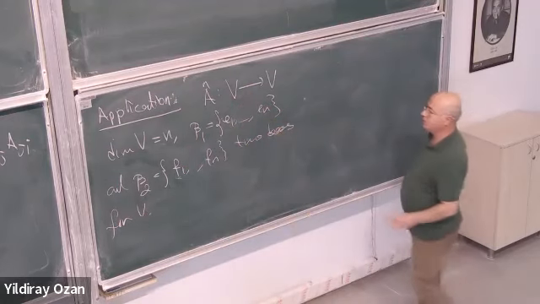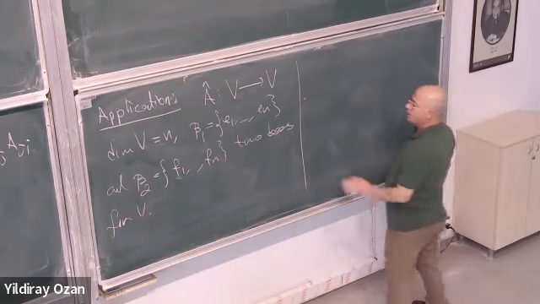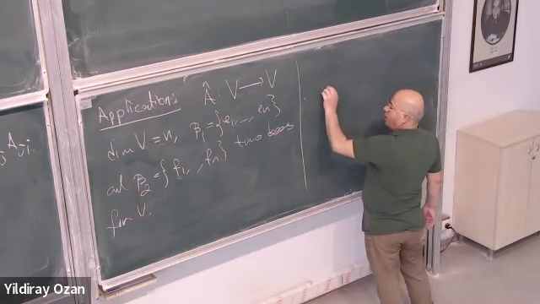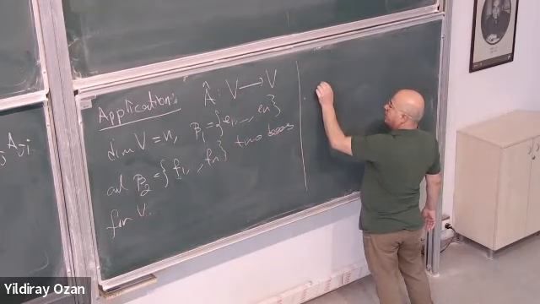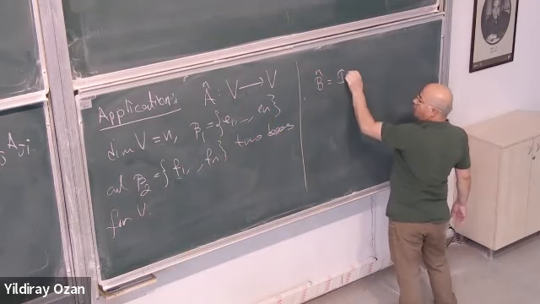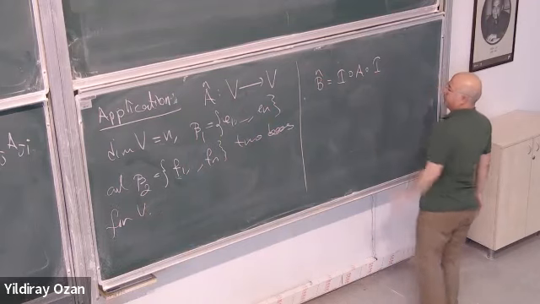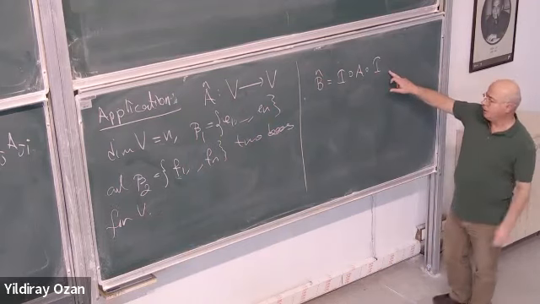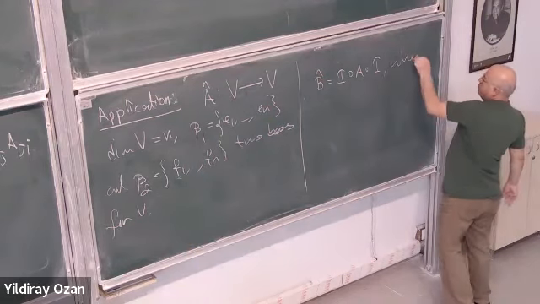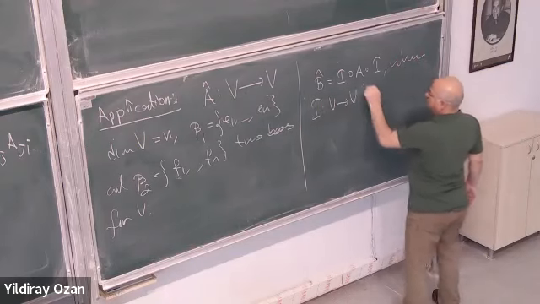Then we may consider the following. Let's say we consider the following map. B is just identity map, composition A, composition identity. Where is the identity?